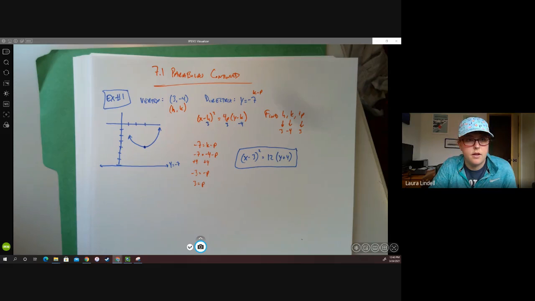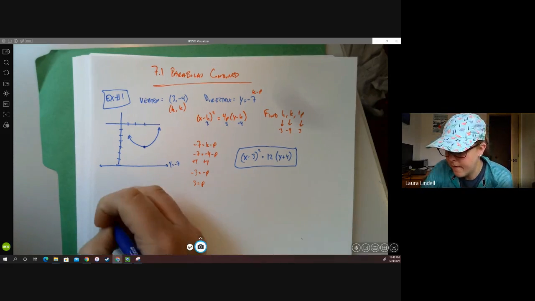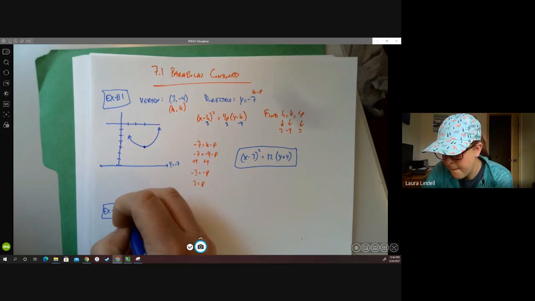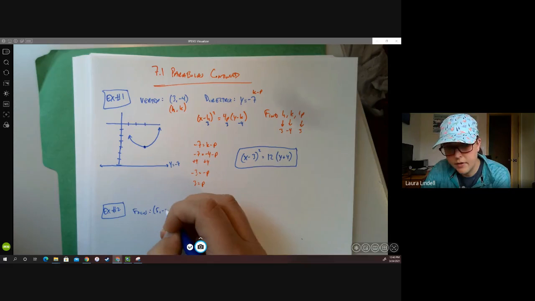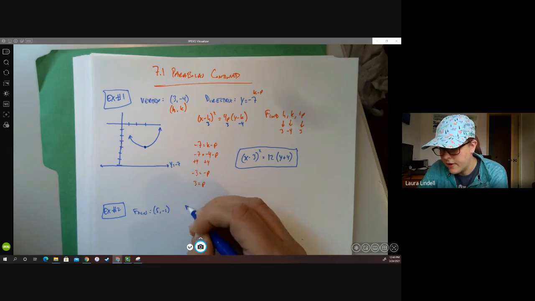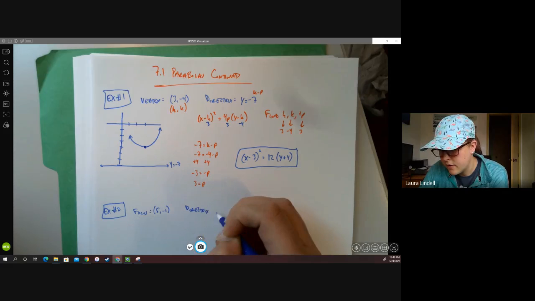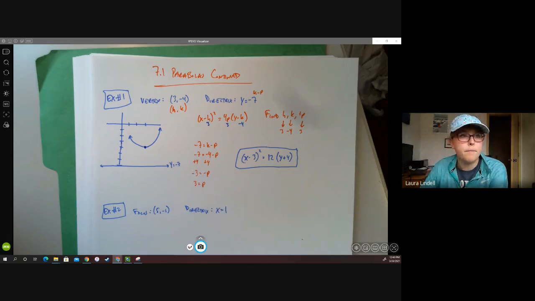All right. Then let's do one with the focus and the directrix. This time, we'll do the focus is (5, -1), and the directrix is x equals 1.